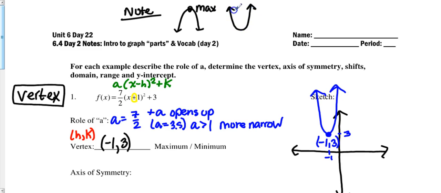If it opens up, that's a minimum. So if I look at this graph, it's opening up, which means negative 1, comma 3 is a minimum. Logically, that also makes sense because this is literally the minimum point, the smallest ordered pair, the smallest x value and the smallest y value.